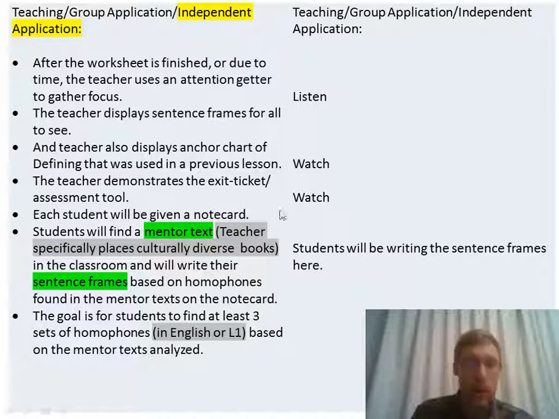Then there's independent work where students find their own homophones based on a set of books given in the classroom. I added that the teacher can very specifically have a set of books that are very culturally diverse.